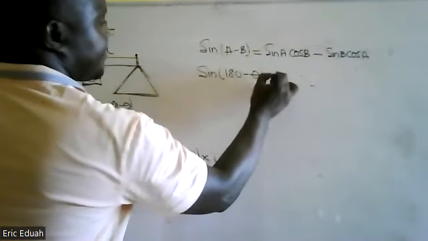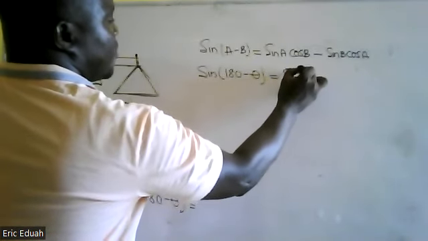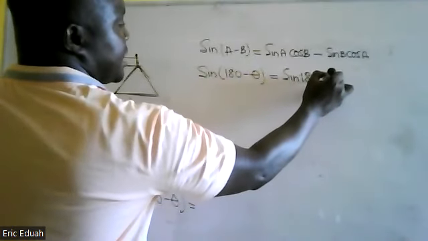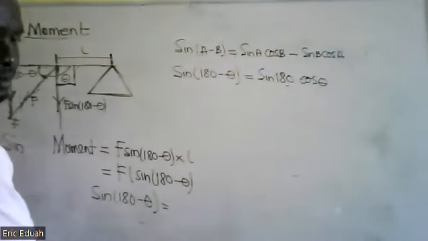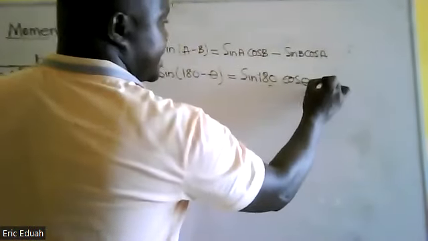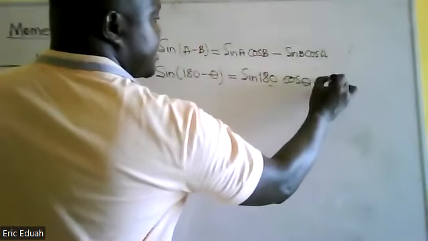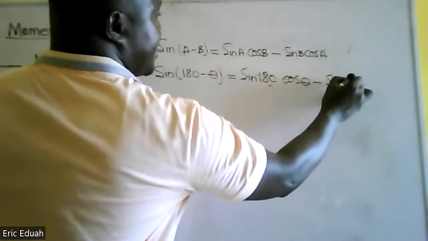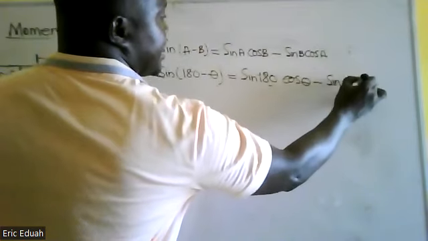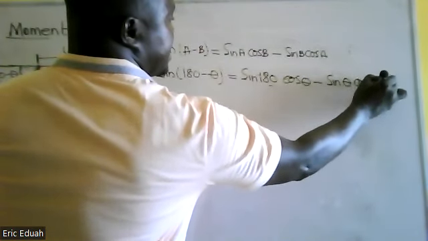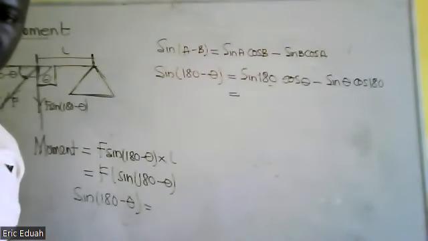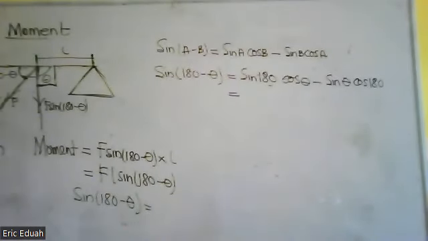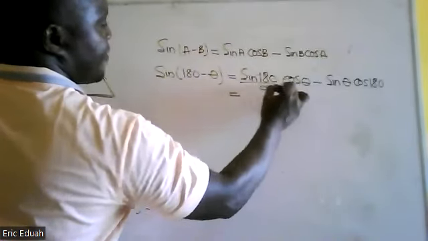So I have sine of 180 times cos of theta minus sine of theta times cos of 180. Now, what is sine 180 degrees? Ladies, what is sine 180? 0. Once this is 0, everything is 0.